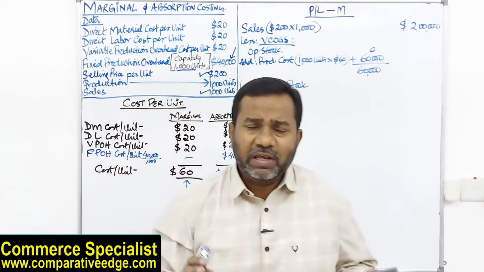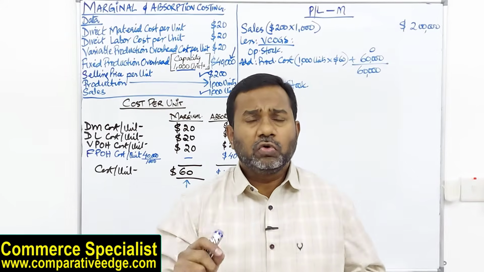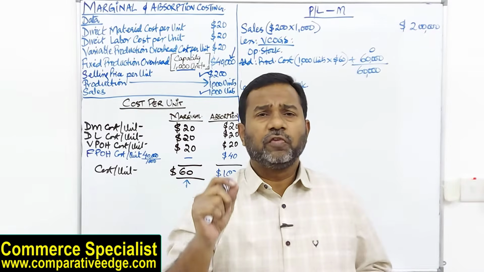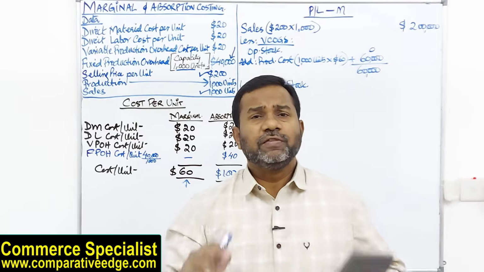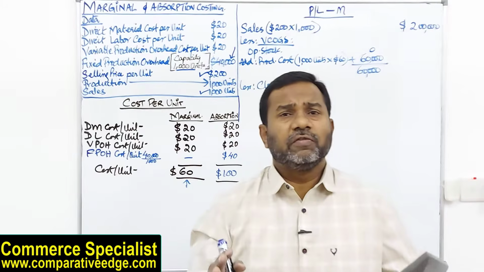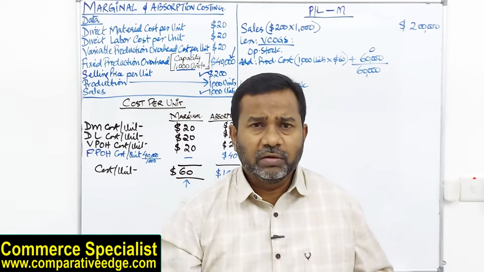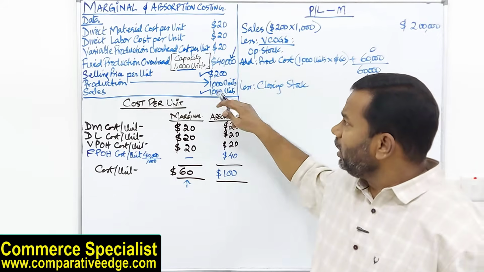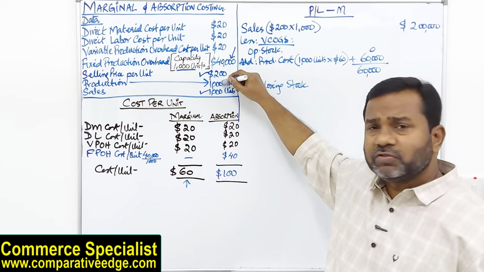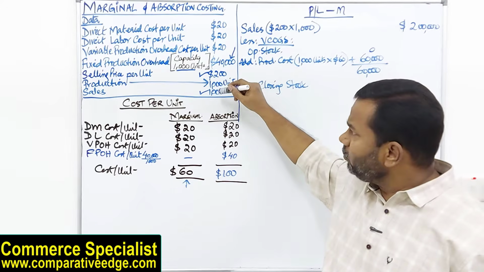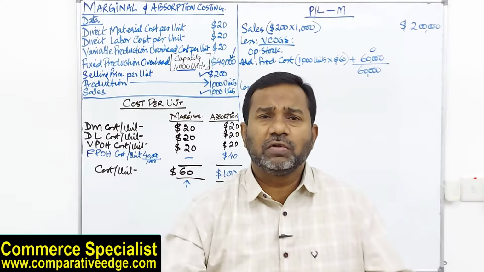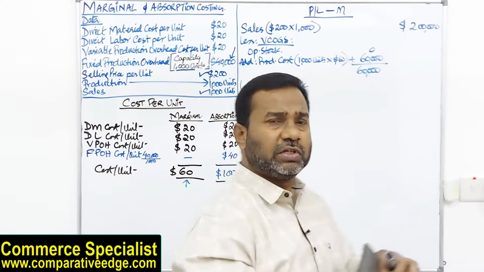Now here you need to be very careful how to work out closing stock. How to find closing stock? If there is no opening stock and you need to know whether we have closing stock or not, just compare your production and sales. How many units are we making? We are making 1,000 units. And how many units are we selling? We are selling 1,000. So we made 1,000 units, we sold 1,000 units, nothing is left, so there is no closing stock.